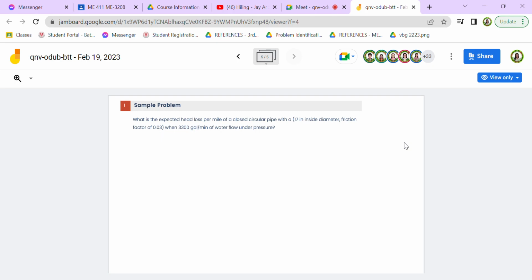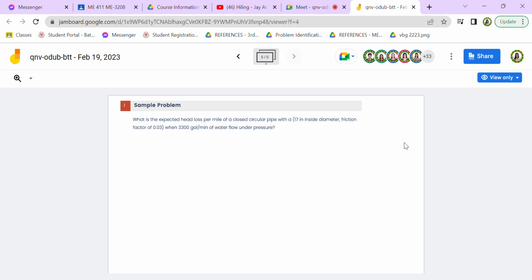So medyo mixed yung unit na ginamit dito. Everything is in inches, then gallons, then in minute. Then binigyan pa tayo ng length ng pipe which is 1 mile. So ibang unit din yun. So the thing is, we need to convert din datang yan into a standard form para hindi tayo malito.